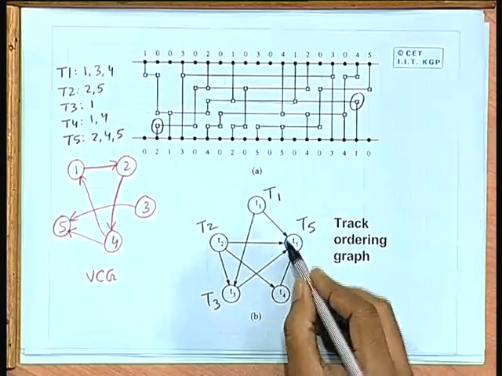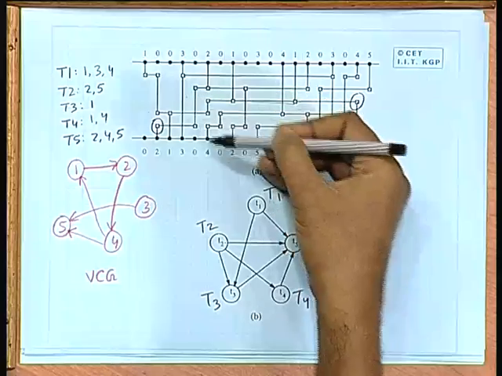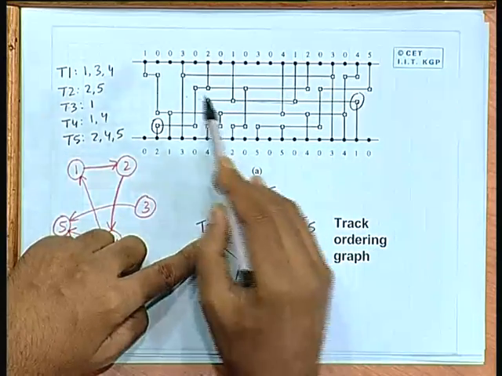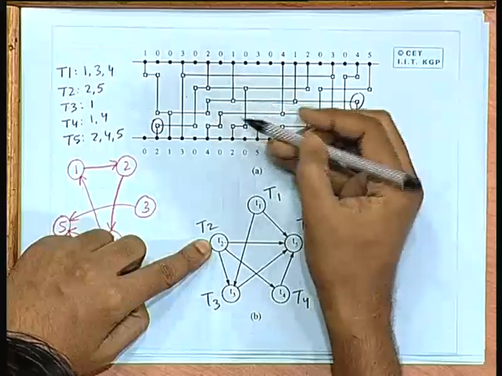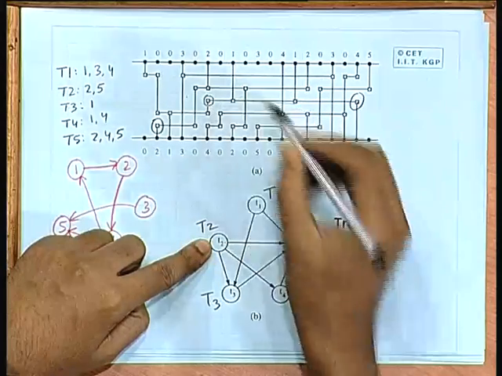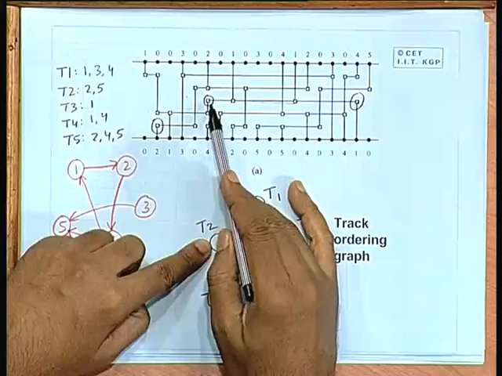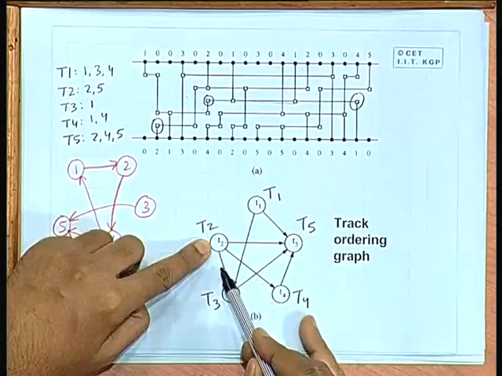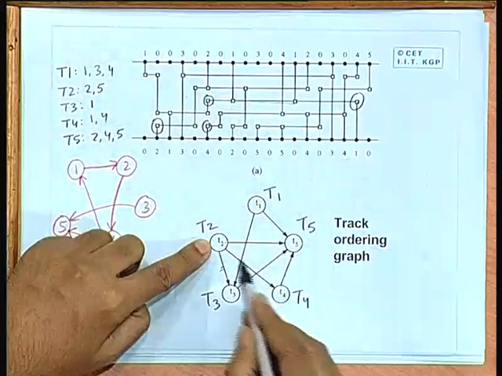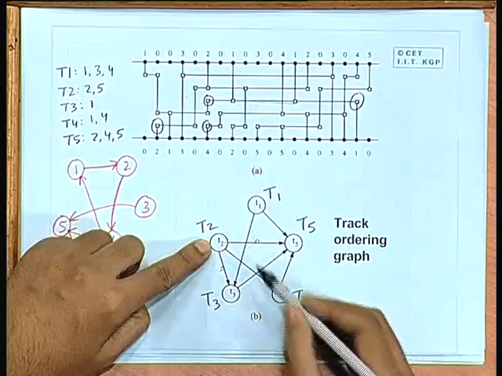Similarly, you can look at the other nets and try to find out which net has to be placed above which. For example, from track 2, T2, there is one constraint here. T2 has to be placed above T3, this edge. Similarly, here T2 has to be placed above T5, this edge.